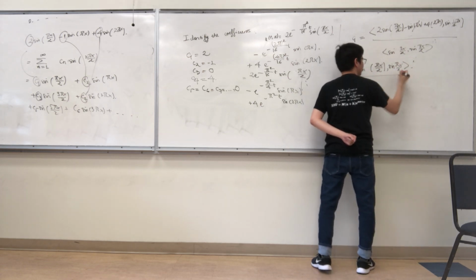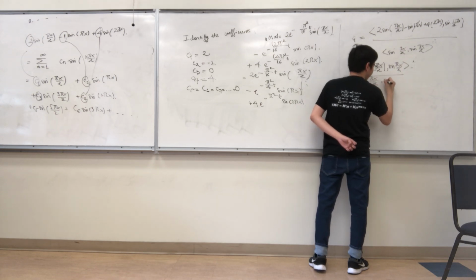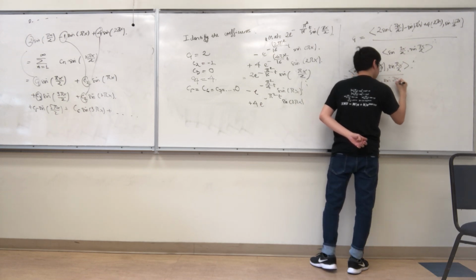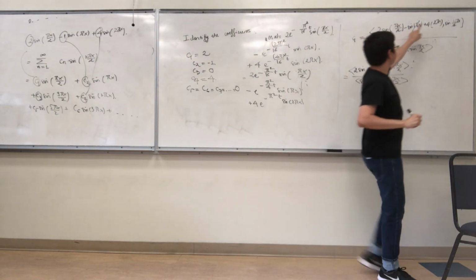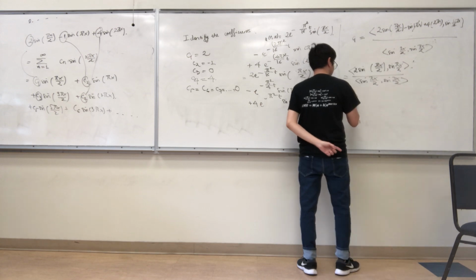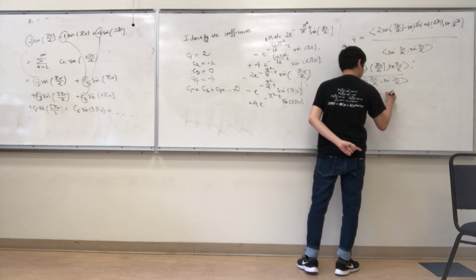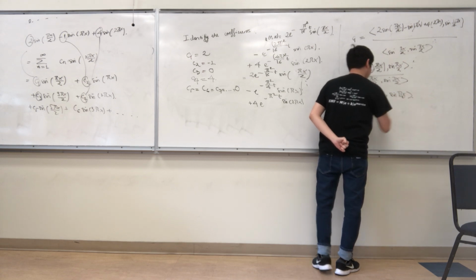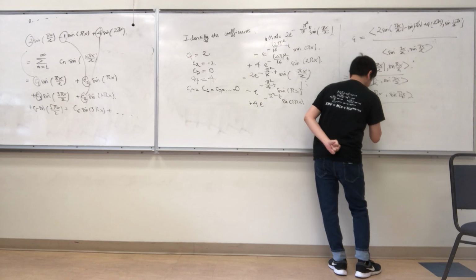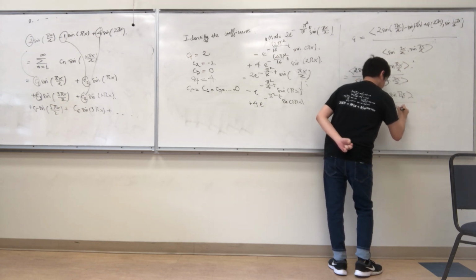This is the guy that gives 2, and the other guy will be 0. So this is the first guy. The second guy will be this and that. So minus sine of pi x with sine of pi x over 2, and then you divide by sine of pi x over 2 with sine of pi x over 2.